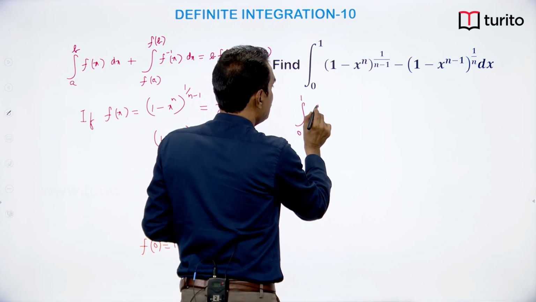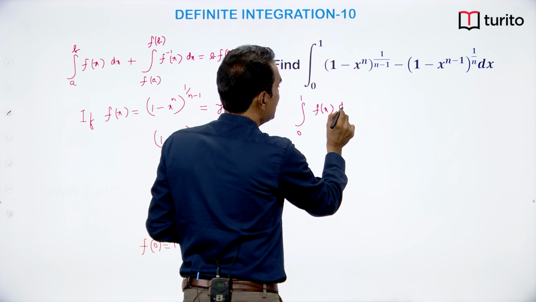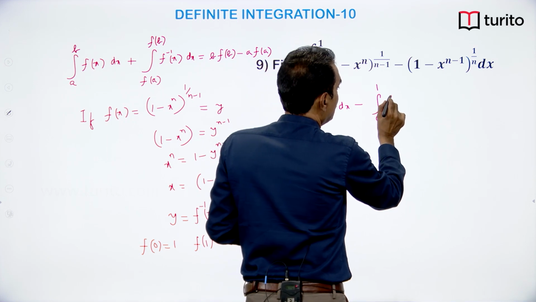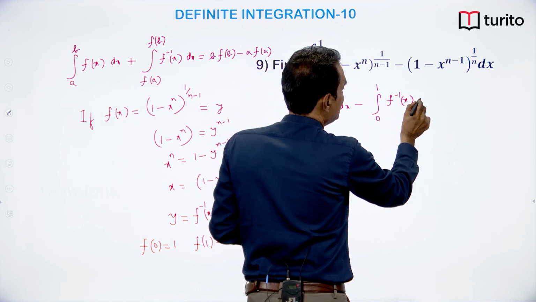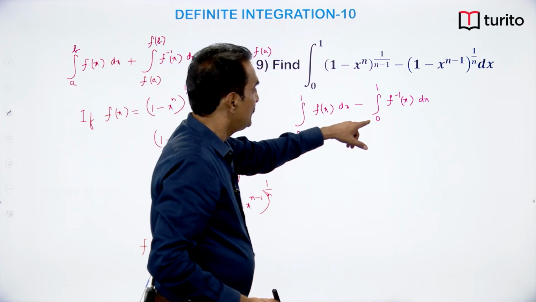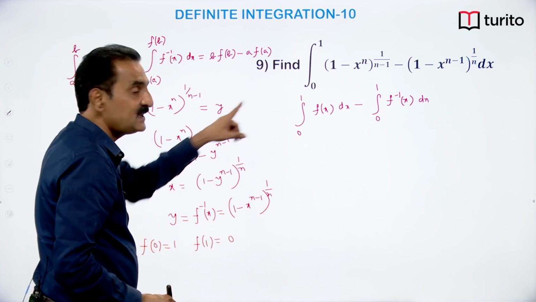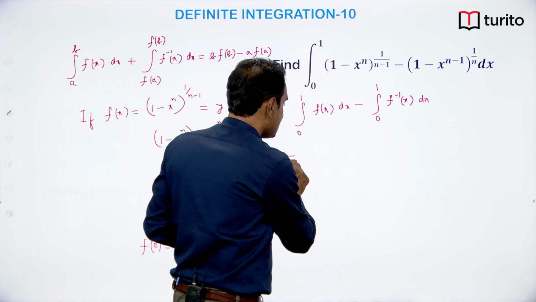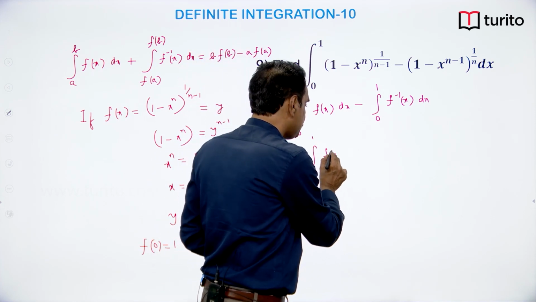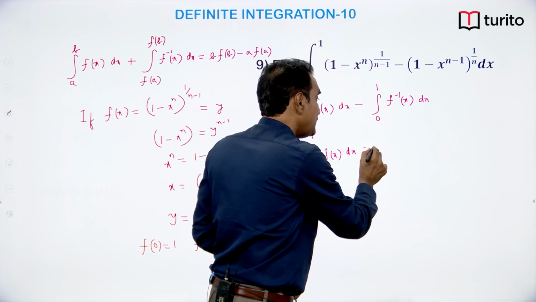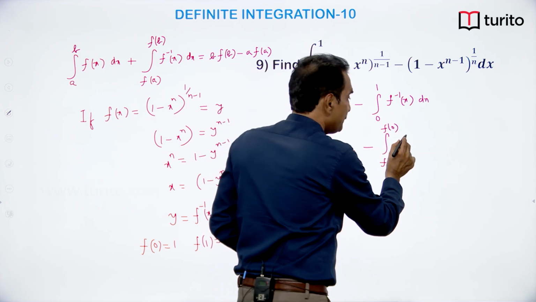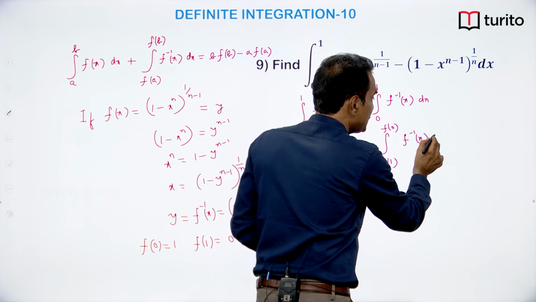Integral 0 to 1, first one can be written as f of x dx minus integral 0 to 1 f inverse x dx, this is given, but here we want plus sign. f of 0 is 1, f of 1 is 0. So, I will write this as integral 0 to 1 f of x minus integral f of 1 to f of 0 f inverse x dx.